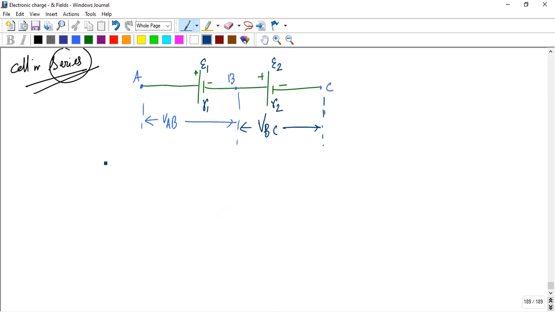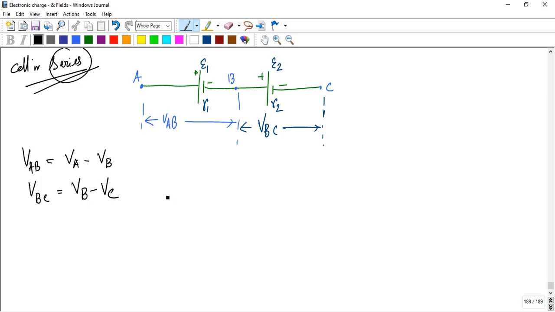So VAB, the potential difference between points A and B, equals VA minus VB, and VBC is VB minus VC.